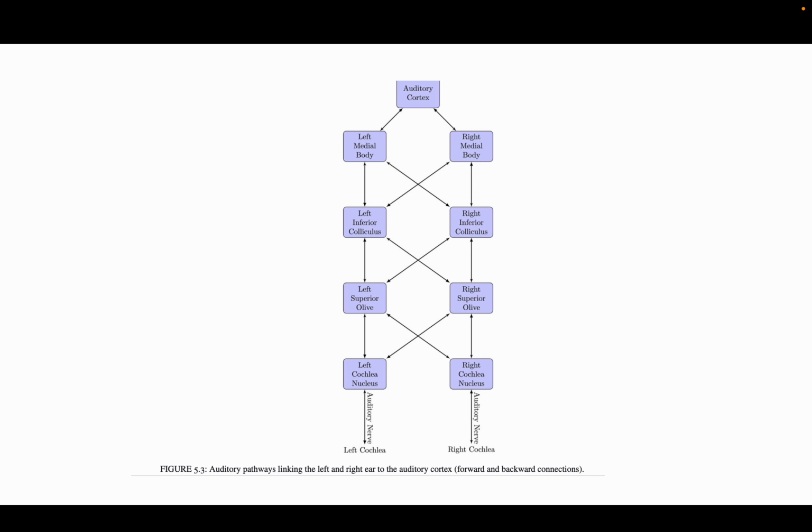Communication between the left and right parts of the auditory system happens back and forth throughout the entire auditory processing system, all the way to the auditory cortex. The left cochlear nucleus is also talking to the right superior olive, as well as the left superior olive. So there's communication between the left and right sides throughout the auditory system.